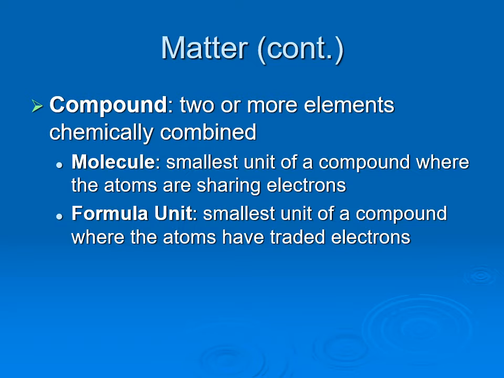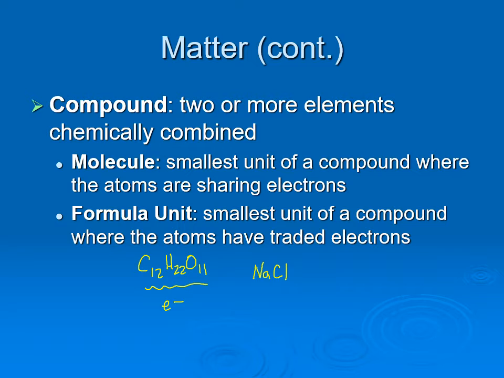Now, a difference between a molecule and a formula unit would be, for instance, just as an example, sugar, C12H22O11. All of these atoms are sharing electrons, and a symbol for an electron is e- because they're negatively charged. They're all sharing their electrons, and because they're sharing them, we refer to this as a molecule, as opposed to sodium chloride.